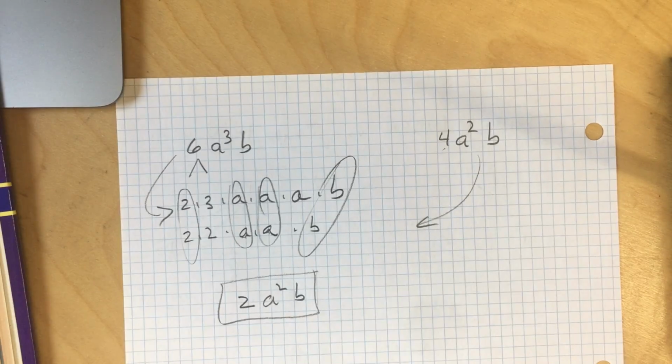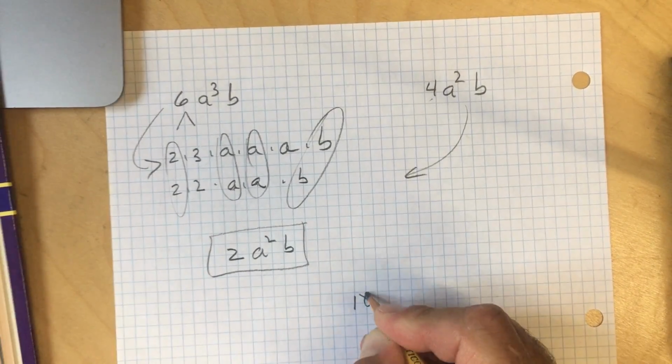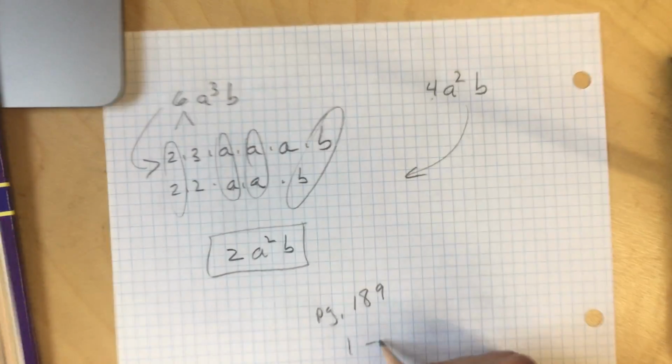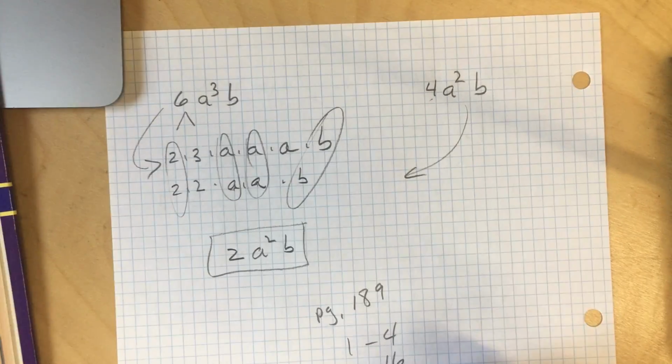All right, that's a little interesting. So let's do page 189. Let's do 1 through 4. Let's do 9 through 16.